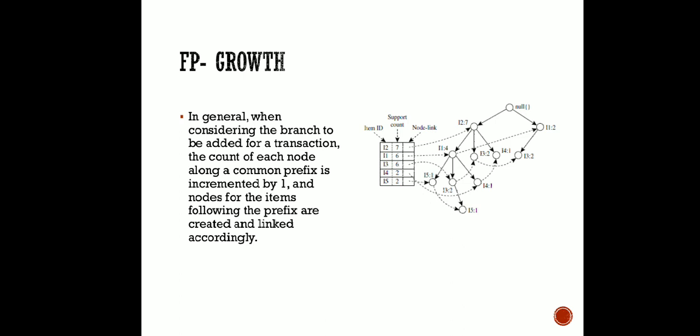In this fashion you can generate this tree, and you can see from the table, or the index, that all the nodes have been directly linked from this table. So whenever we want to find the count of a particular itemset, we can move along the links only, and traverse a path to find the total count.